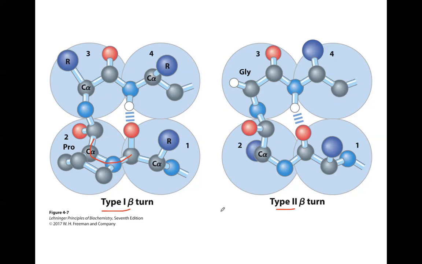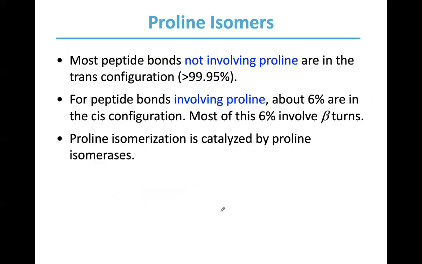And proline is the only amino acid which doesn't really care so much. So you can see here, most peptide bonds not involving proline are in trans configuration, 99.9%. But for peptide bonds involving proline, about 6% are in a cis configuration. And most of the 6% involve beta turns, right? So most beta turns will have a proline that is in a cis configuration, and there's an enzyme, proline isomerase.